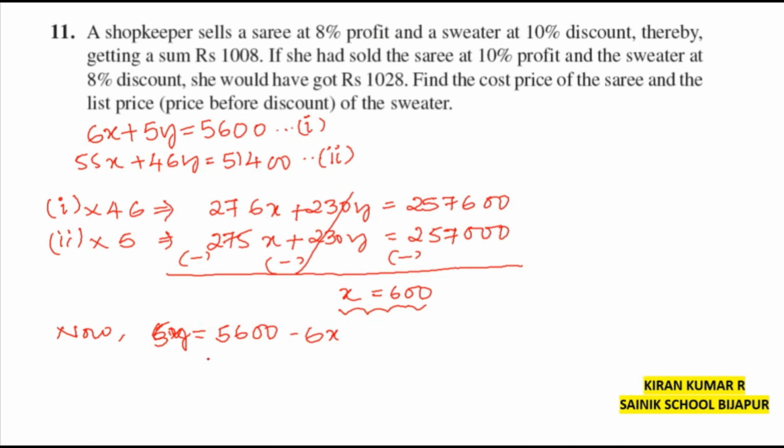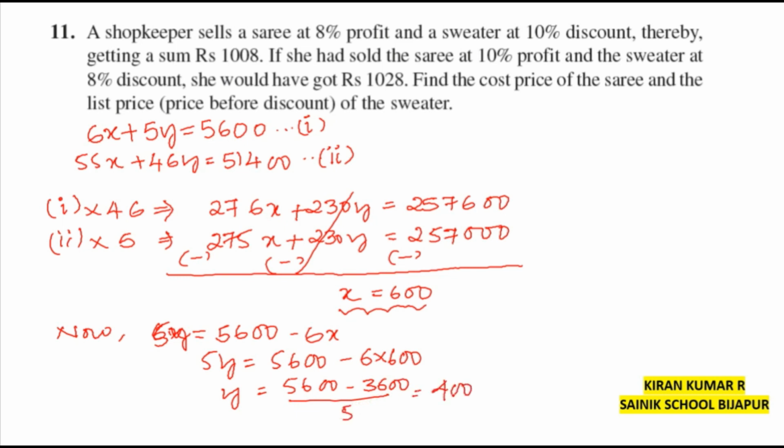We get 5y as 5600 minus 6 times of 600. So y will be 5600 minus 6 times of 600 is 3600 upon 5. It becomes 400.